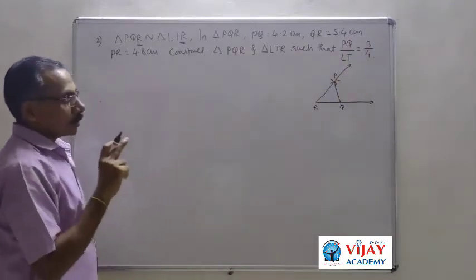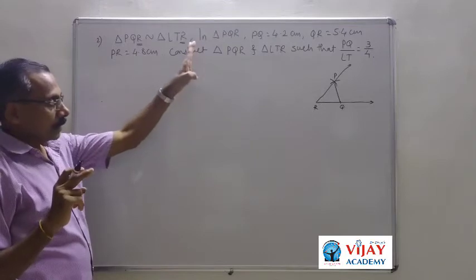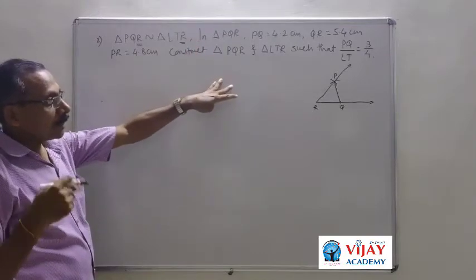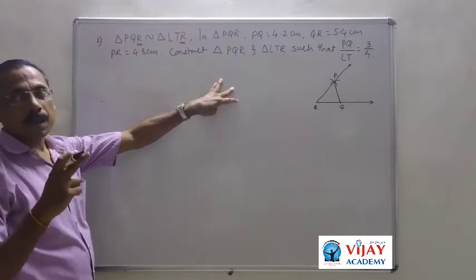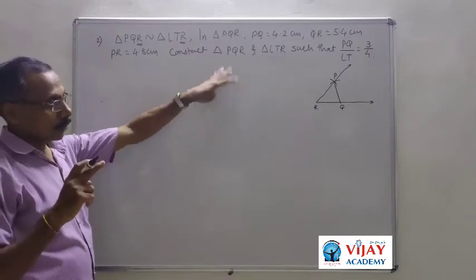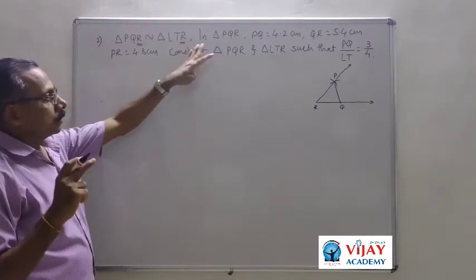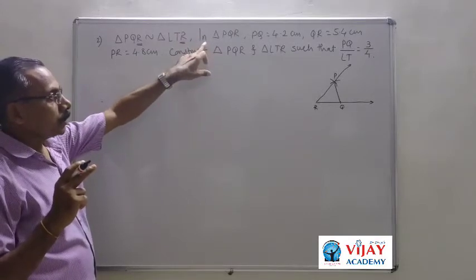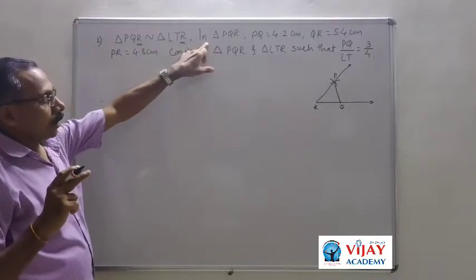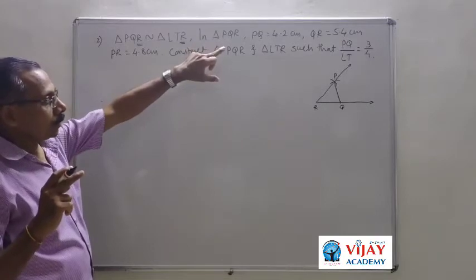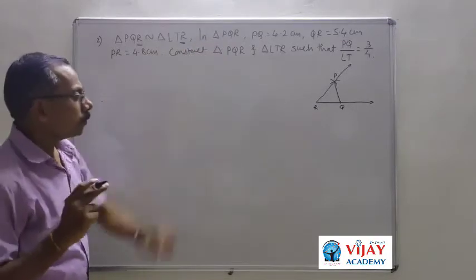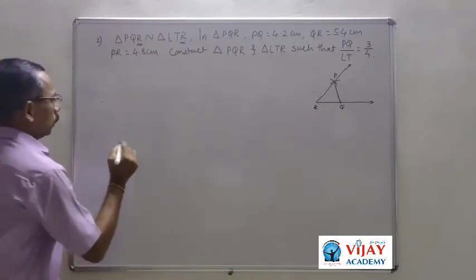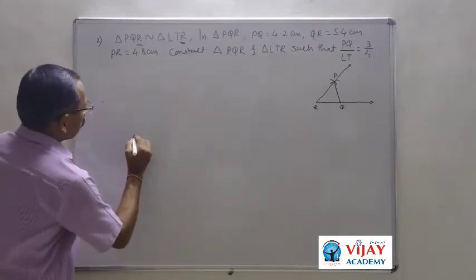Then how to draw such a construction? We use the basic concepts of parallel lines. Now we will focus on the construction. First we draw what is given, and by using these given values, we first draw the triangle. Now draw the baseline.